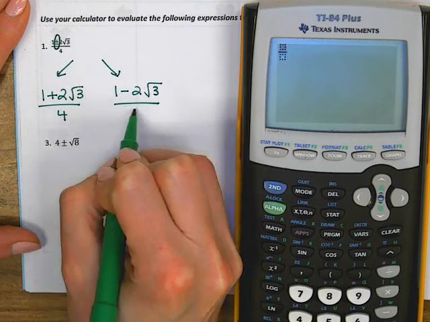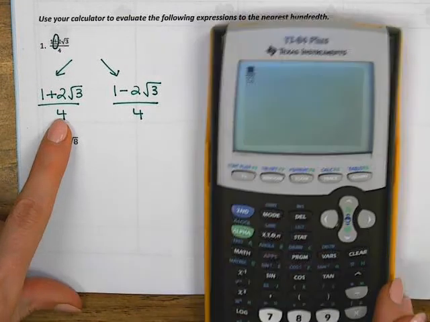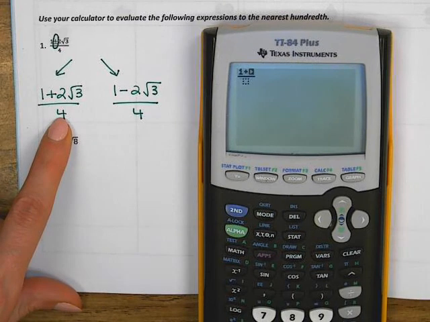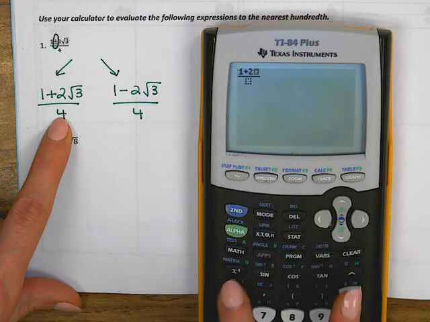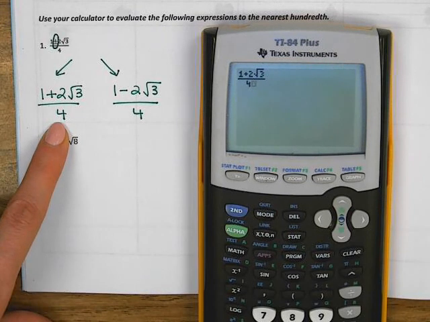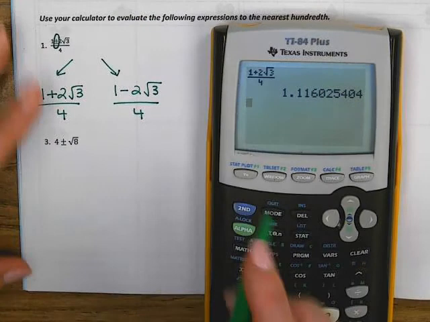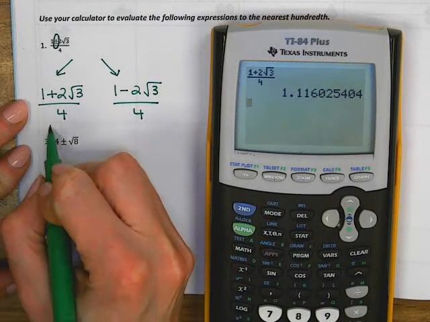So the plus or minus just means you're going to get 2 different answers, and you have to do it twice. Okay, so let's do it. So we're going to do the plus version first. 1 plus 2 square root 3 over 4. Okay, so that answer is, rounded to the nearest hundredth, 1.12.